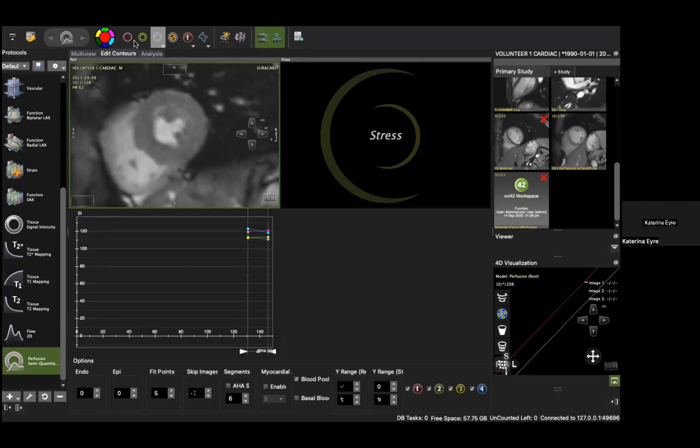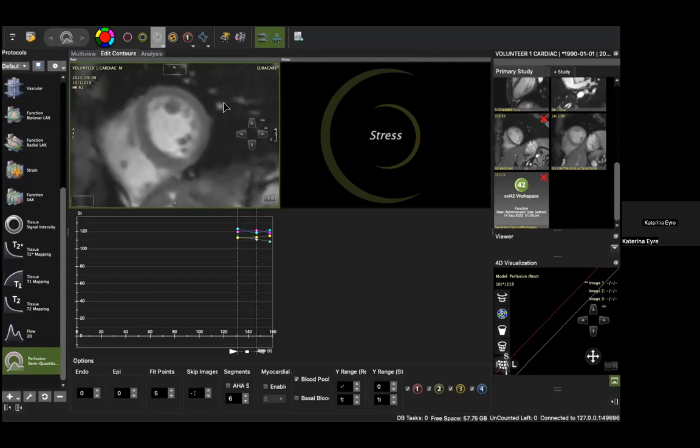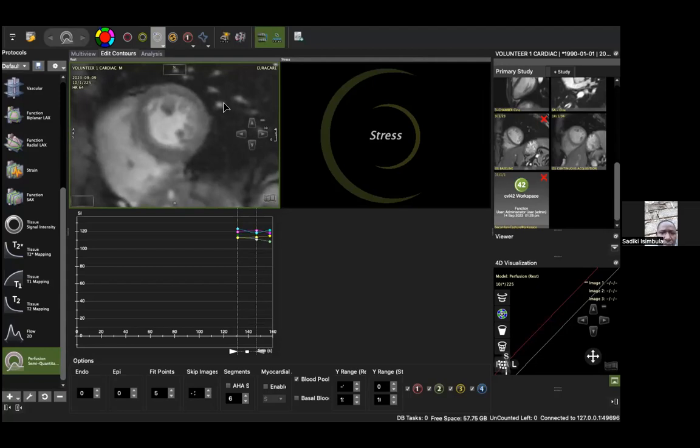And then we do the same thing. Insertion point, so the anterior insertion point, the inferior insertion point, and then we keep going. Diastole and systole.